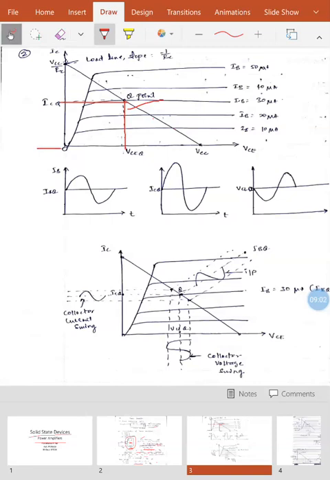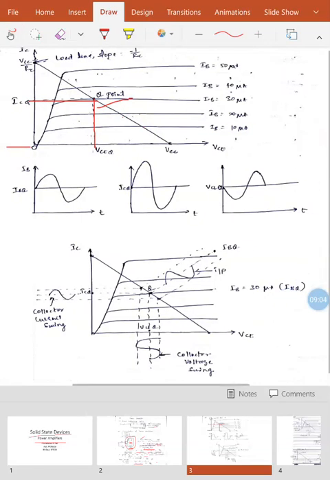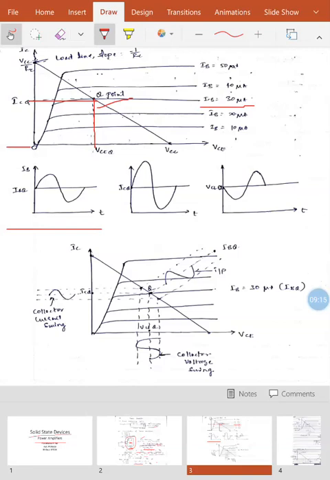So let us see what is the significance of that. Okay? Here IBQ. What is IBQ? IBQ is nothing but the base current corresponding to the point where we are indicating the Q point.